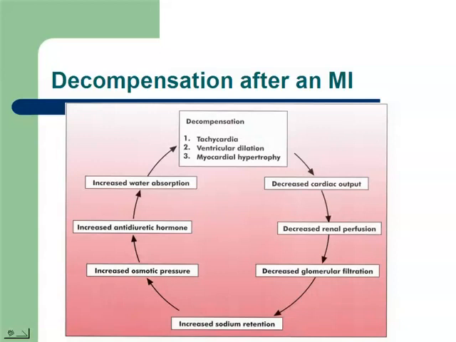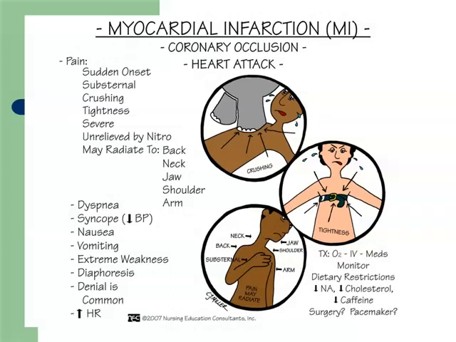So you're going to have an increase in water absorption that again causes decompensation. This is why patients are oftentimes placed on ACE inhibitors to prevent that ventricular remodeling and beta blockers to decrease that cardiac output. Again, from the memory book showing the different types of symptoms that go along from a coronary occlusion or a heart attack.